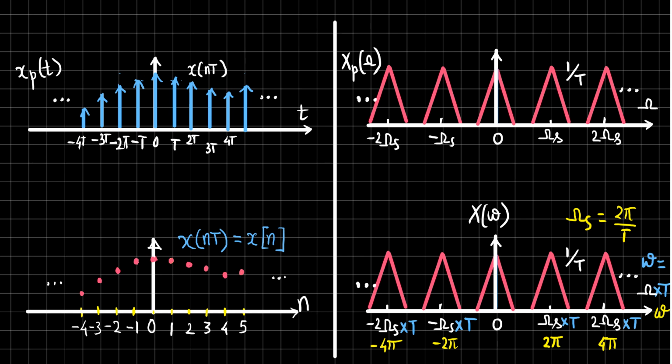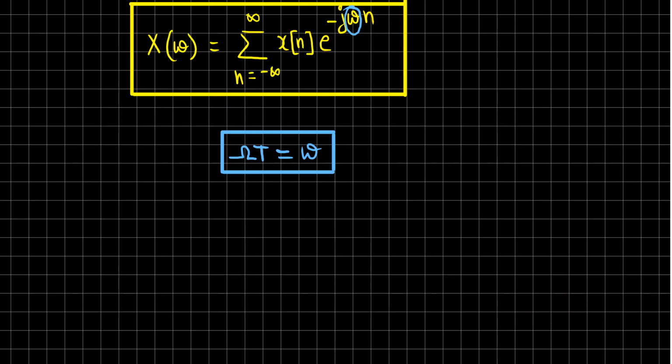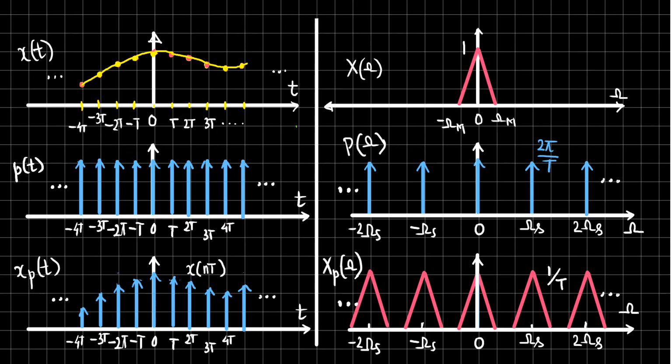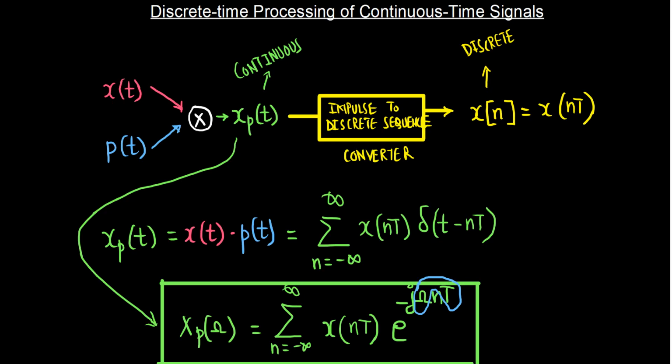So let's quickly recap, let's quickly see what we have seen so far. We were having this x of t, and we said that it is advantageous to convert this x of t to a discrete sequence. So the first step of that is to multiply this x of t with a series of impulses.